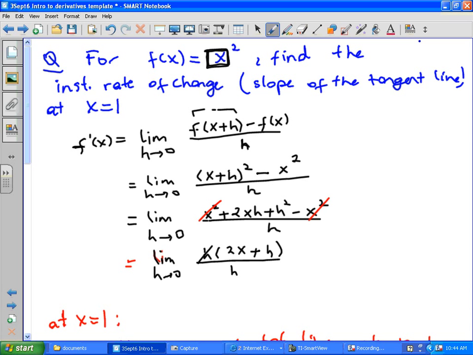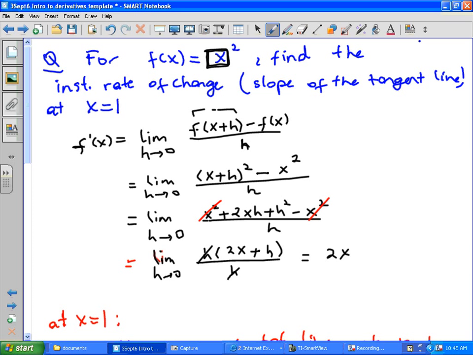Now let's cancel the h's. And what can I do further? I'm taking a limit as h goes to 0. So what can I do right now? Plug it in at this point. We got rid of the indeterminate form. We have 2x.